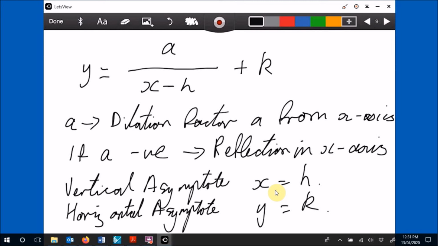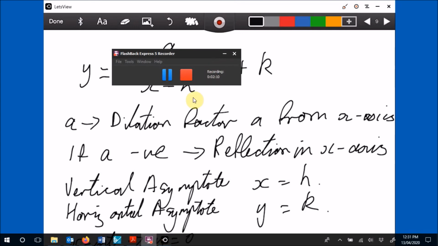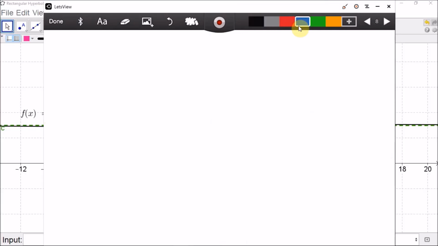So those things will help us when we're sketching, of course, as usual, x-intercepts when y equals 0, and y-intercept when x equals 0 for those things. All right, so that's a nice little summary in your work plan.